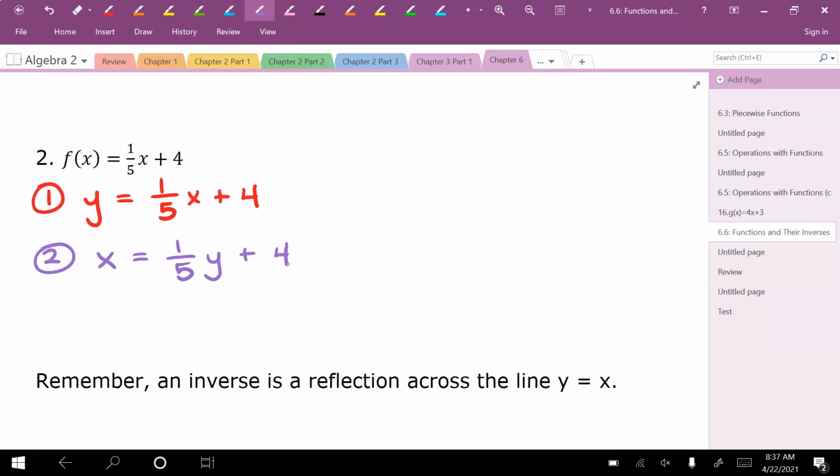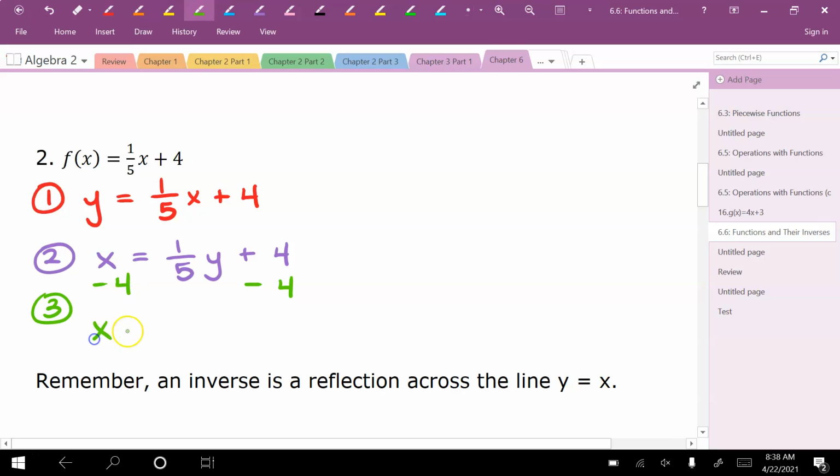Now step 3 up above said solve the new equation for y. So I need to get y by itself. The first thing that I would do is think about when you guys solve equations, like 2-step equations, you always add or subtract first. So I have this 1/5 y, and then it says plus 4. So to get rid of plus 4, I need to subtract it. I'm going to subtract 4 from both sides here.